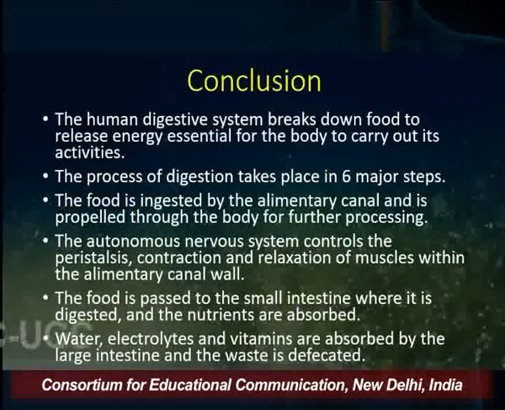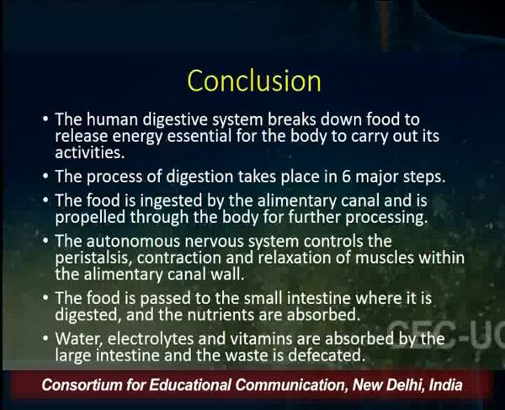Now we have come to the conclusion. The human digestive system breaks down food to release energy essential for the body to carry out its activity. The process of digestion takes place in six major steps, which we have learned. The food is ingested into the alimentary canal and is propelled through the body for further processing.